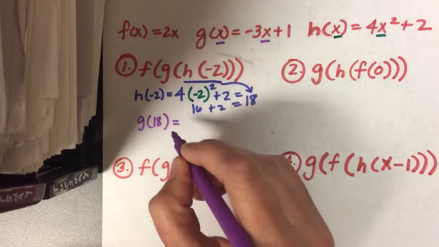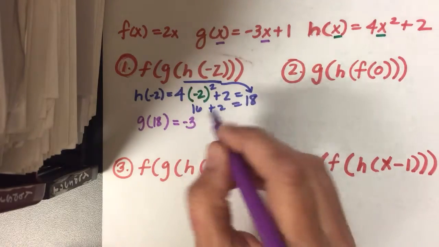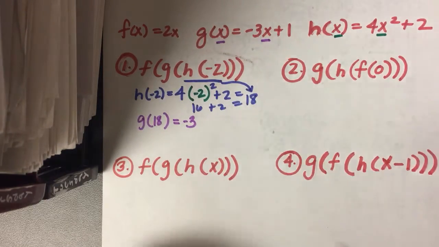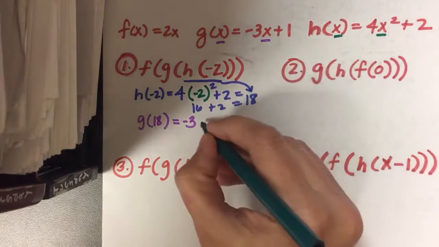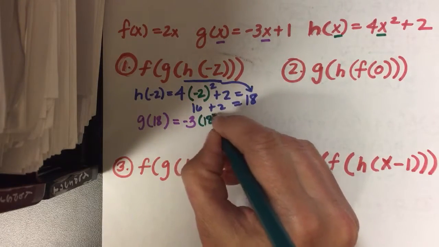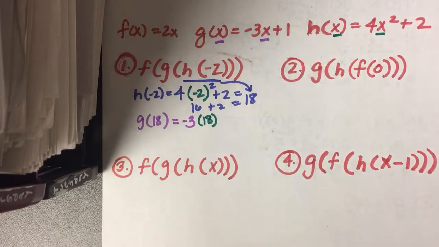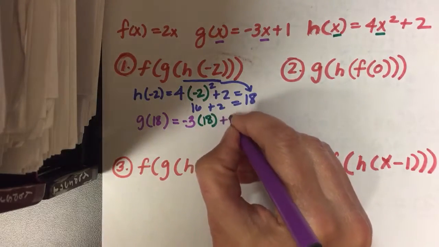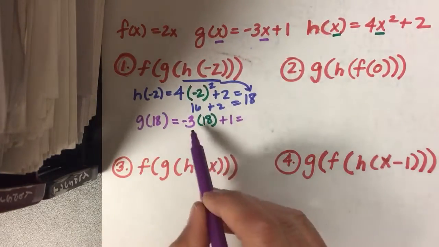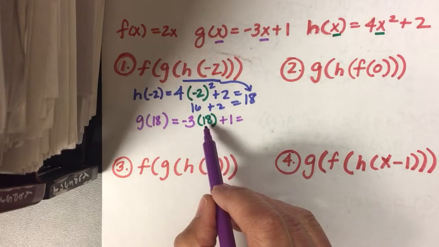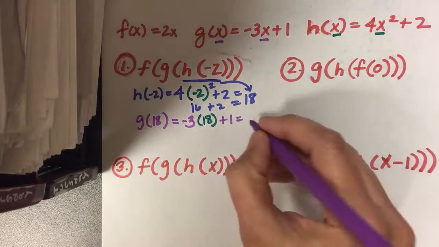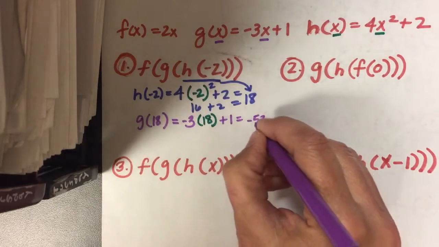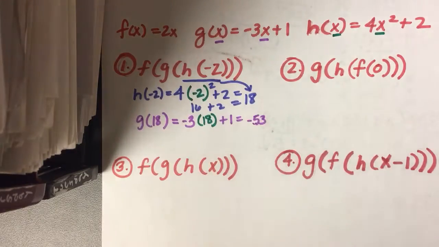So g of 18 is going to equal negative 3, and then your input, which is x, which is 18, plus 1. So I've got negative 3 times 18, which is negative 54, plus 1, which is negative 53. So that's g of 18.